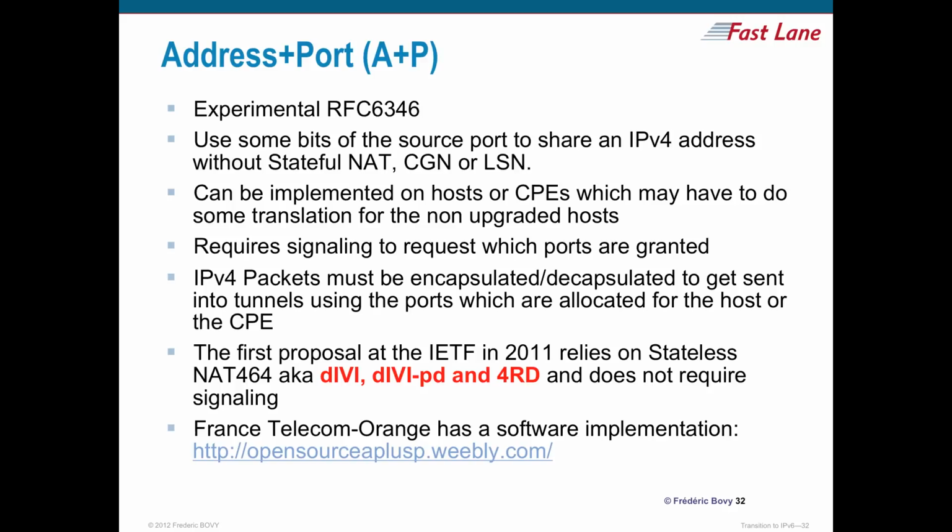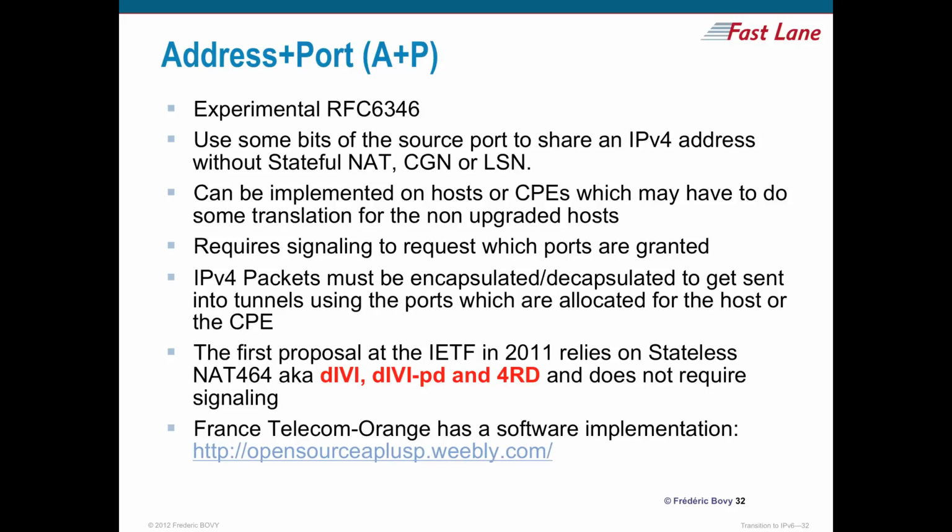Now, if the hosts are not running A+P, it means that we must have A+P running on a router which is going to do a translation, but again, this translation is not NAT translation. It is just to make sure that the traffic getting out of the site only uses the source ports which have been allocated to this site and not the other source ports.